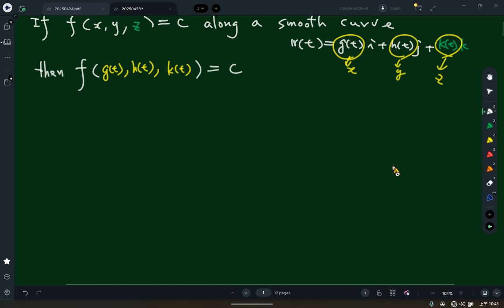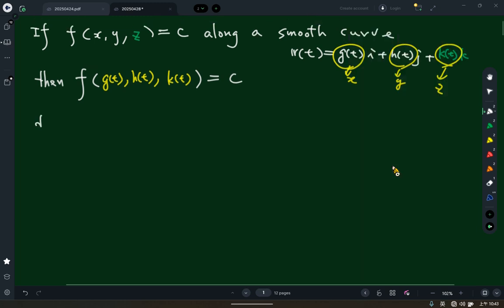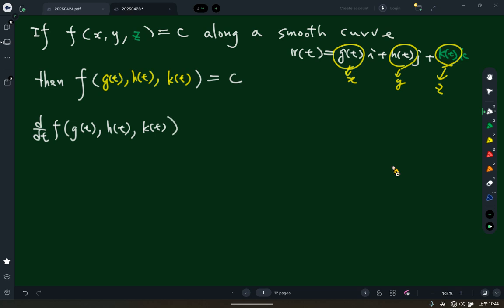So we also differentiate both sides. f of g of t, h of t, k of t is equal to differentiating c. So the result is 0, right? Because it is constant.